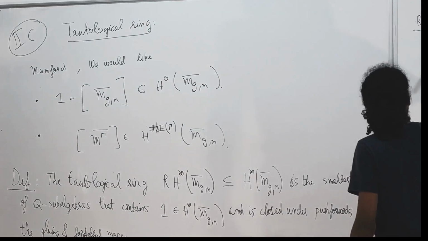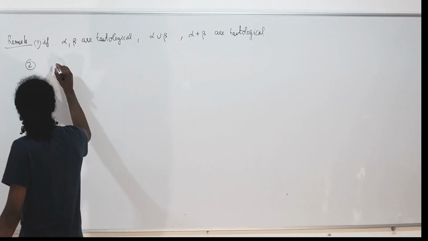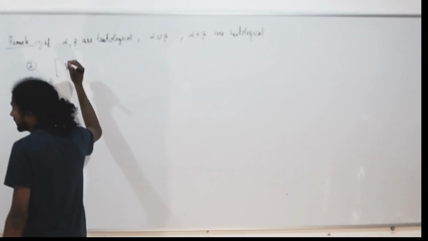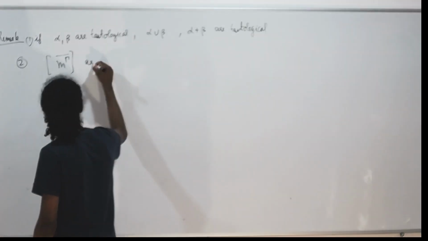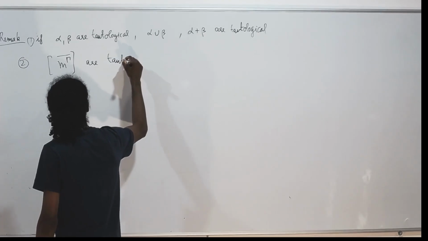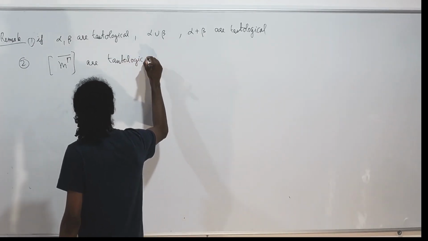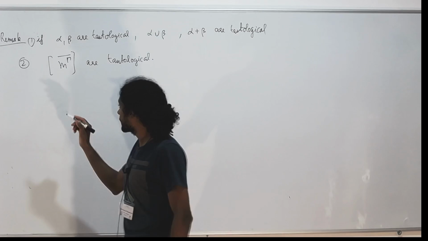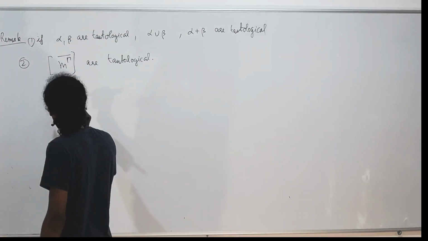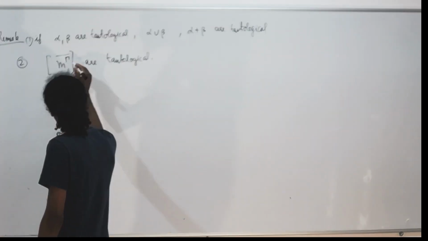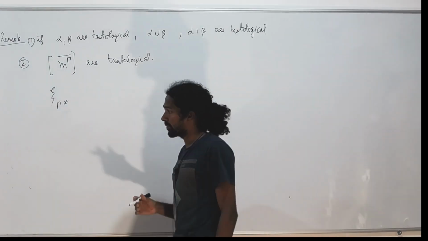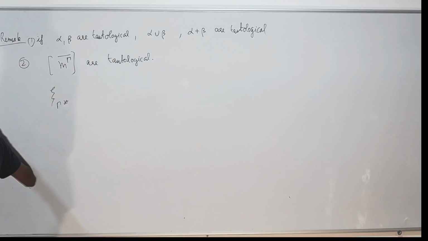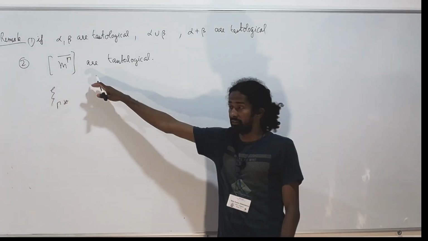So the second remark is that it's not totally obvious from the definition, right? But these are also tautological. And the reason is that I remember from yesterday that I said that if you take these gluing maps, for any gamma, and you take the push forward, the image of the gluing map was in fact exactly the closure of the strata.